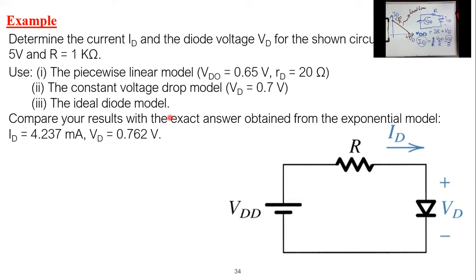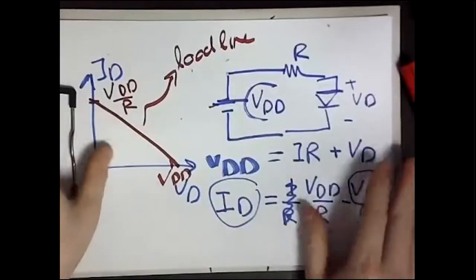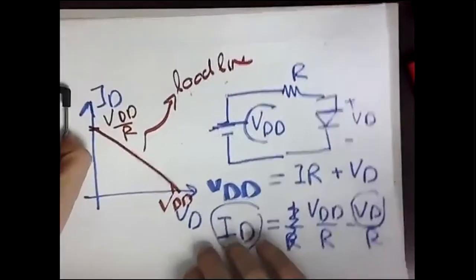But let me answer the question from bottom to top. So I will start with the simplest one, which is the ideal. Then I will go to the constant voltage, and then I will finish with the piecewise linear model. Okay, now let me turn to my presentation slides, to my whiteboard, and start solving this problem together.